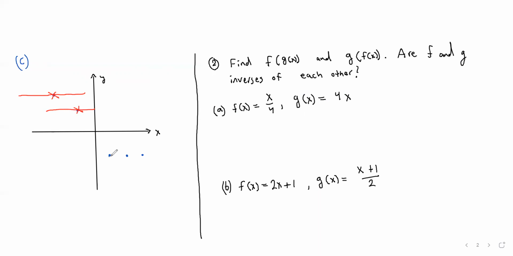But if we look down here where we have this line of 3 dots, if I draw a horizontal line through here, you'll notice that it intersects 3 times. So we have a horizontal line with 3 intersections. So this, like part A, cannot be one-to-one, because it has 3 intersections for a horizontal line.